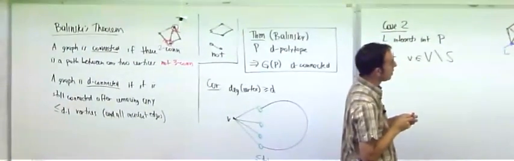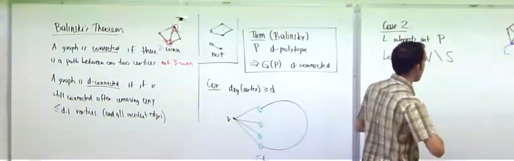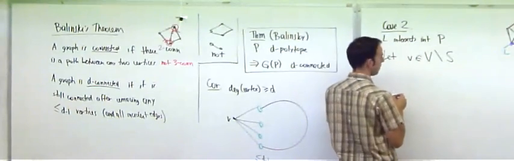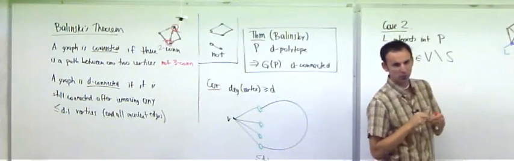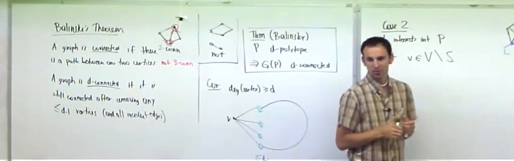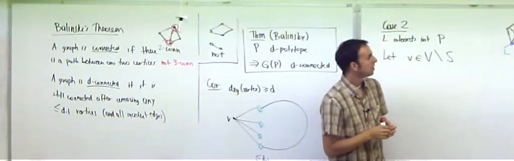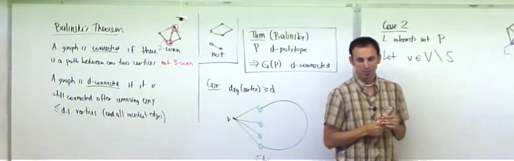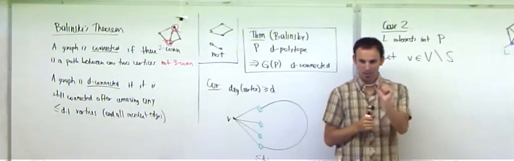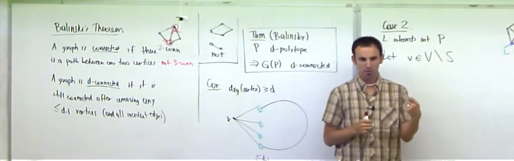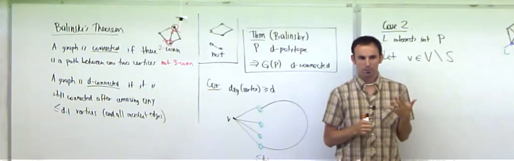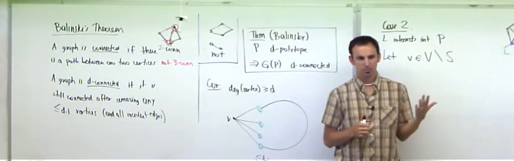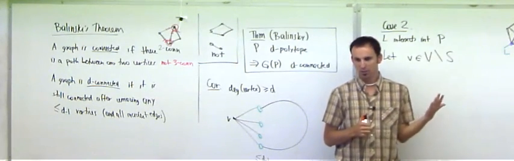And now, how many points do I have in S union V? 3, or in general D. S had D minus 1 points, and now I added 1, so I have D points. And for any D points, I can find a hyperplane that goes through them.